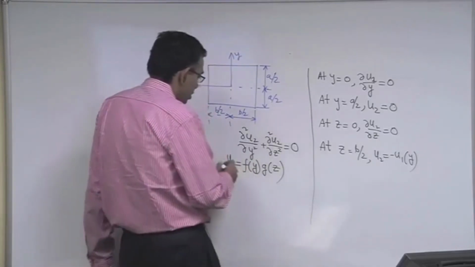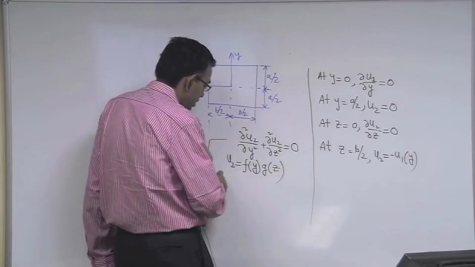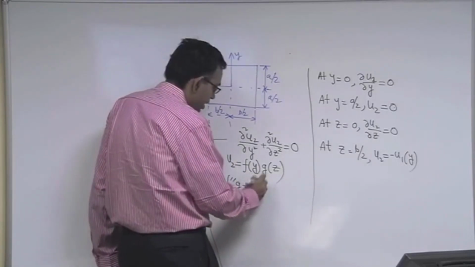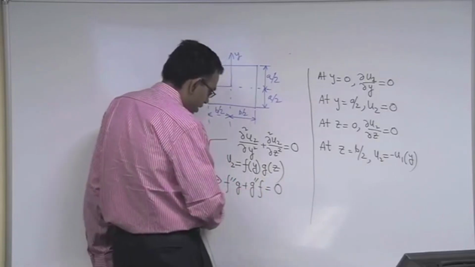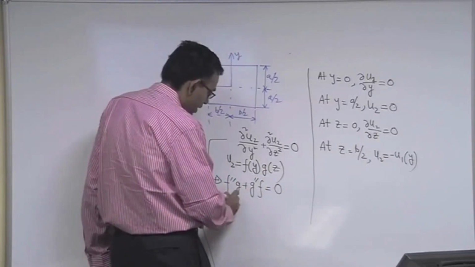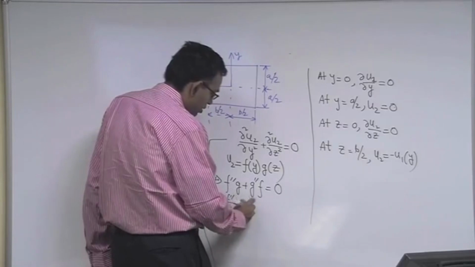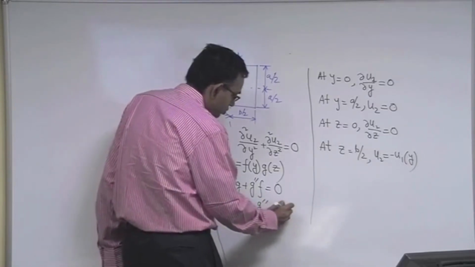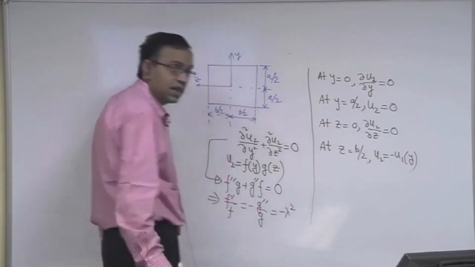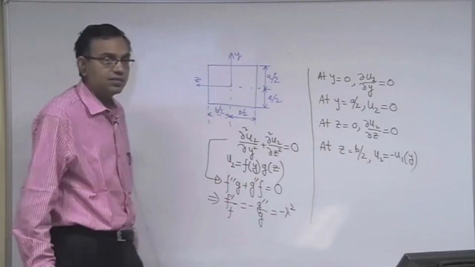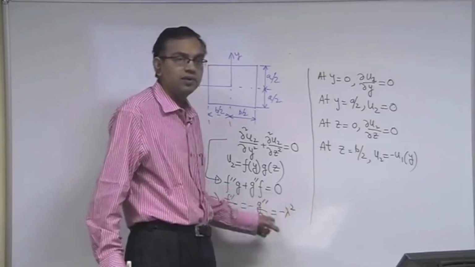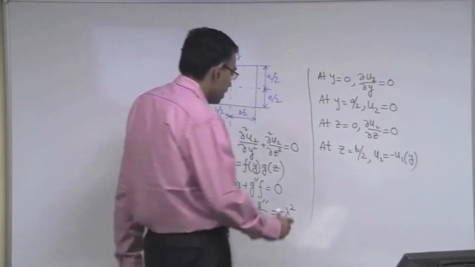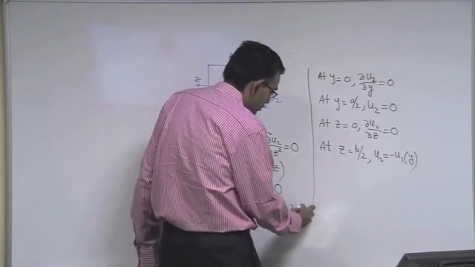So that means you will get from this equation f double dash g plus g double dash f is equal to 0, and f double dash by f is equal to minus g double dash by g is equal to, as we discussed in the previous lecture, a negative constant to satisfy the boundary condition. So that is equal to minus lambda square, say.